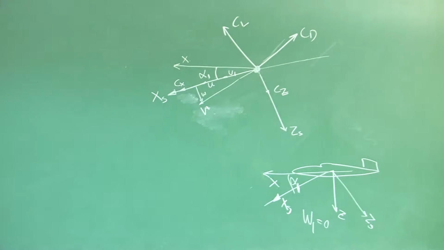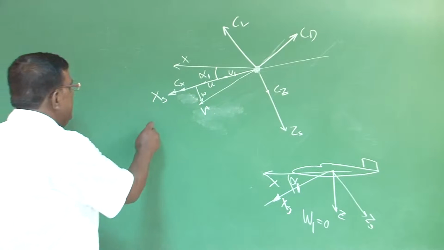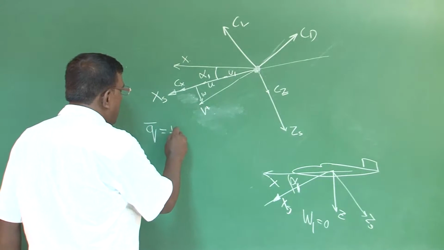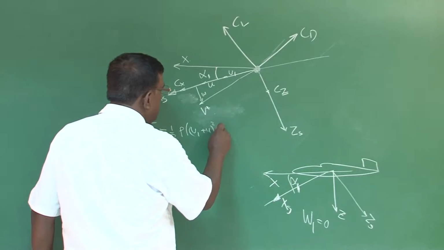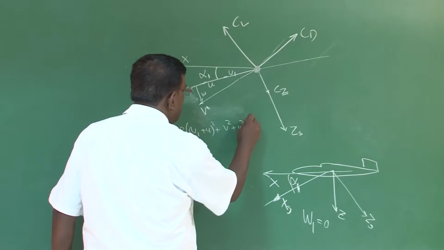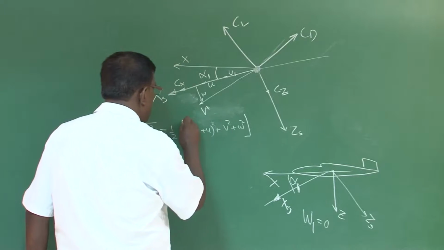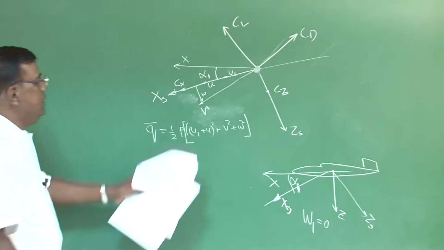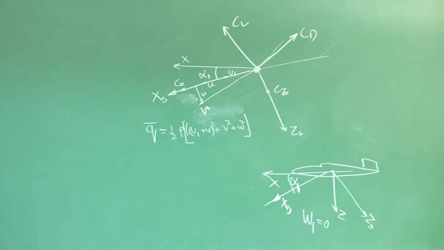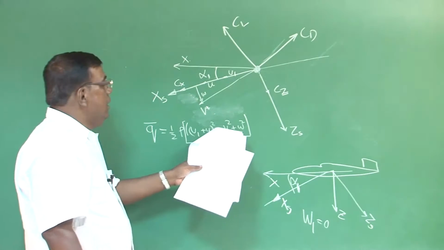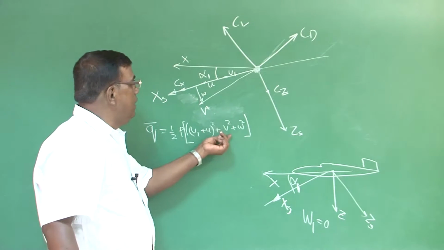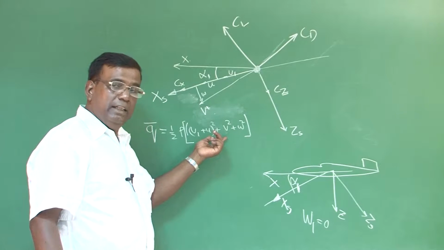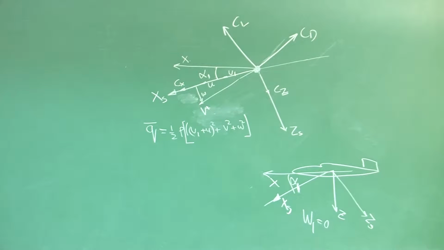The total dynamic pressure will be half rho times (u1 plus u) squared plus v squared plus w squared, where the resultant is of the total velocity having perturbed quantities u, v and w. Since at steady state there were no v1 and no w1 components, I can write it in this general form.